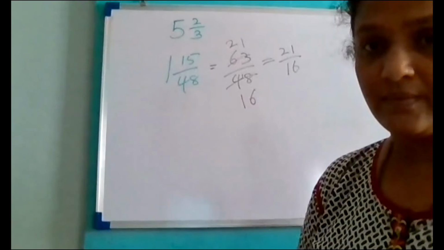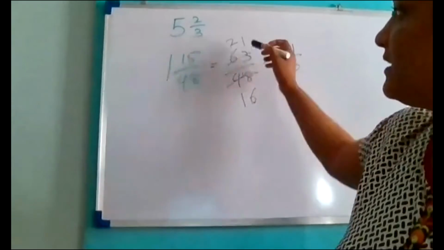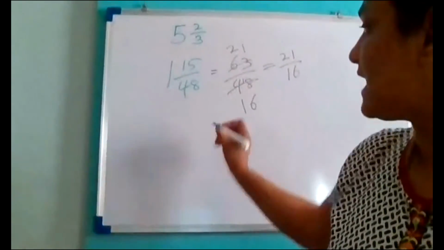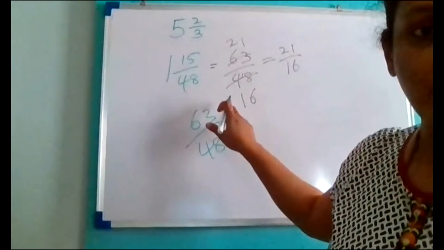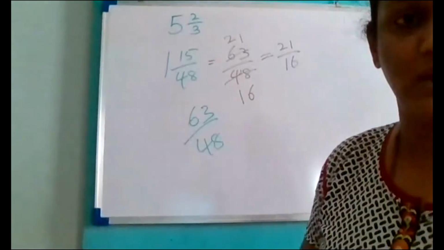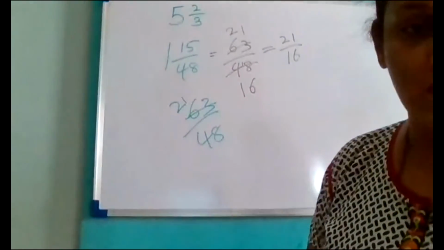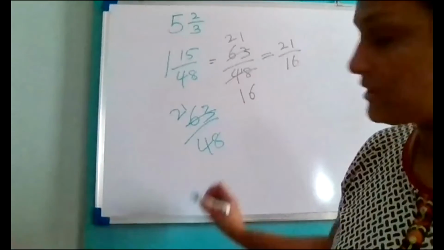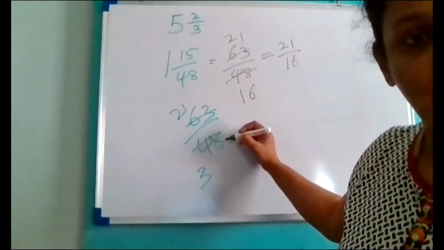Ma'am, but 4 does not go into this table. Sorry, 4 does not go into 63 by 48. Zaveria, the numerator and denominator have to be divided by the same number. Now for 63 by 48, I am dividing both by the same number, like 3. 3 twos are 6 and 3 ones are 3. 48 also by 3. 3 ones are 3, and 1 I get as a remainder, so 16.